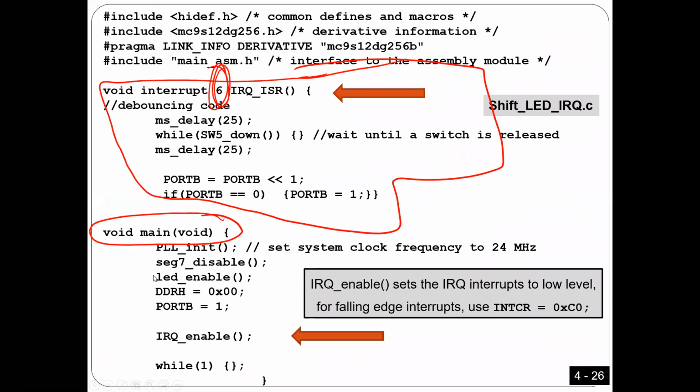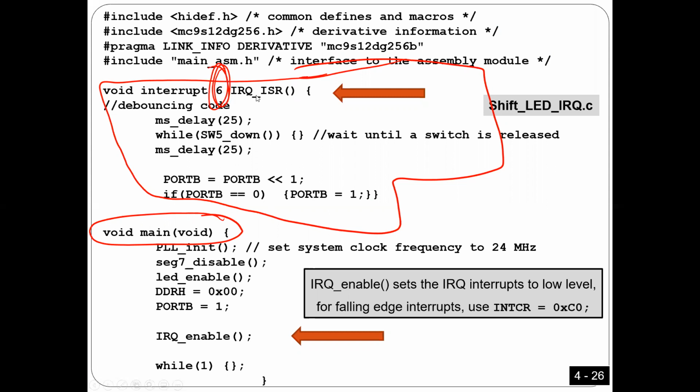So here, I think that's easy now. Look here, guys. So now, similar to what I did in assembly, we have two parts. The main program is here, and the IRQ interrupt subroutine is here, right? And you have to use this number, as I told you, number 6. Don't forget it, okay? When I come to RTI, I'm going to tell you this number should be number 7, right?